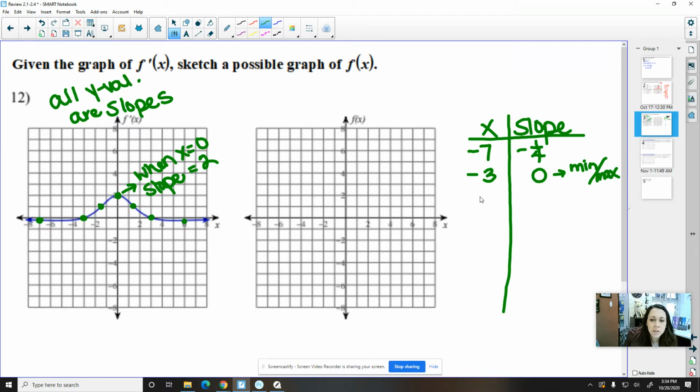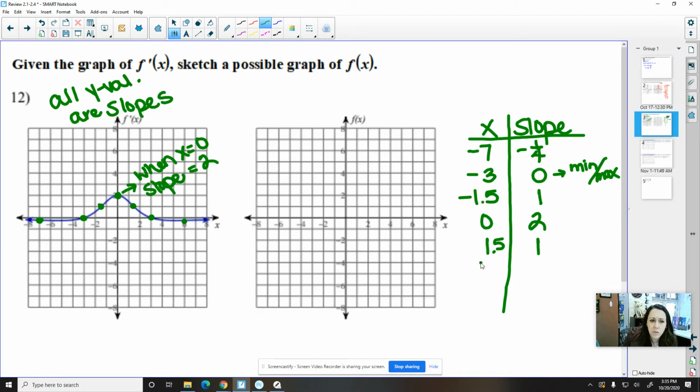When we get to x equals -1.5, our slope, the y value, remember, is 1. When we get to 0, our y value, which represents our slope, is about 2. And then at +1.5, we'll say, the slope is back down to 1.